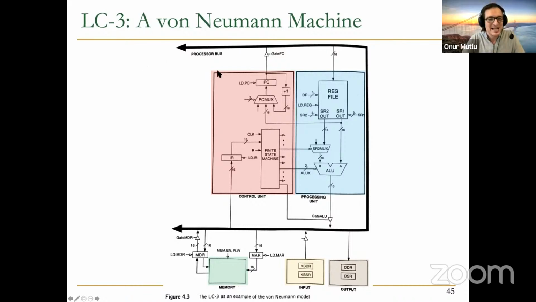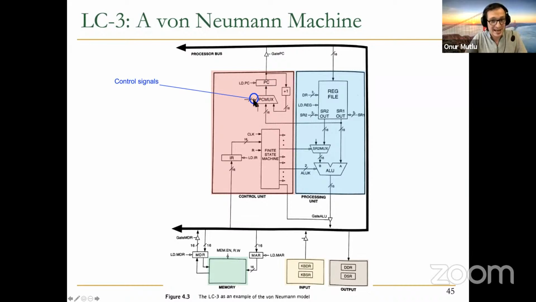Okay, anyway, jokes aside, this is a high-level view of the von Neumann machine, LC3, essentially from the book. You can see that there are different parts of the von Neumann model delineated in color over here. I'm going to go through this at a high level first. First of all, it's important for you to understand how to read these sorts of diagrams.